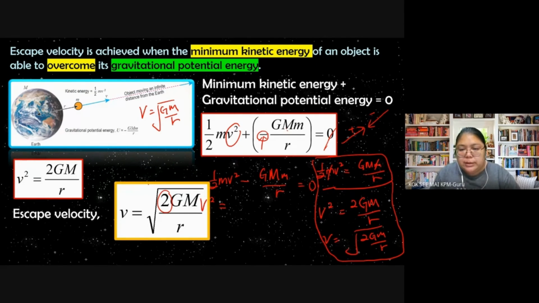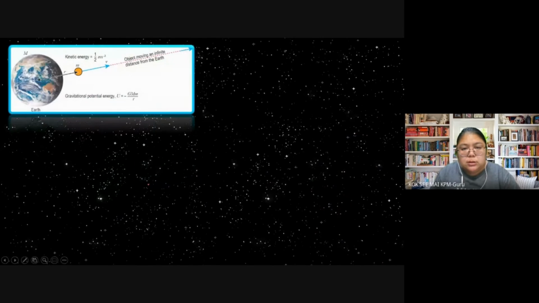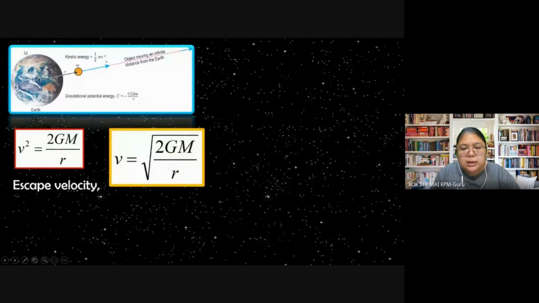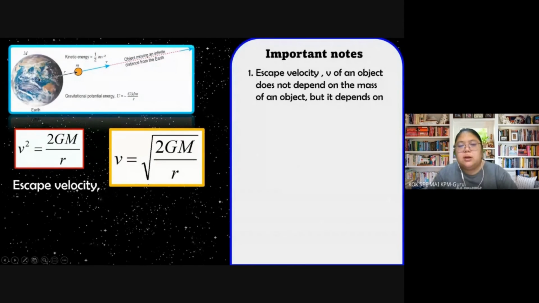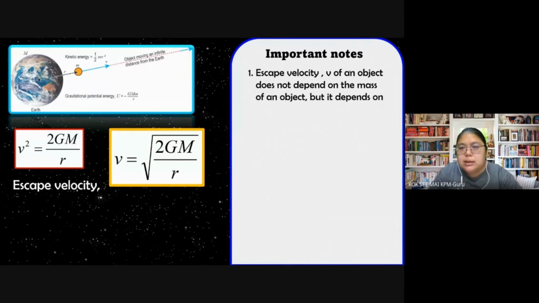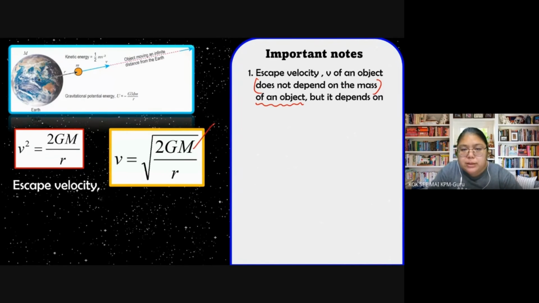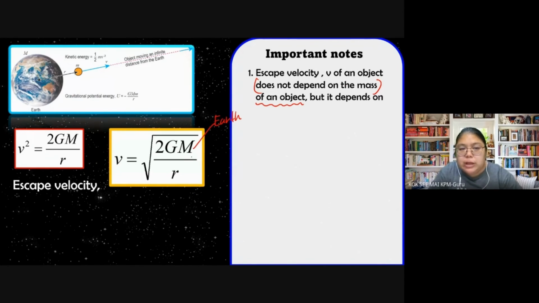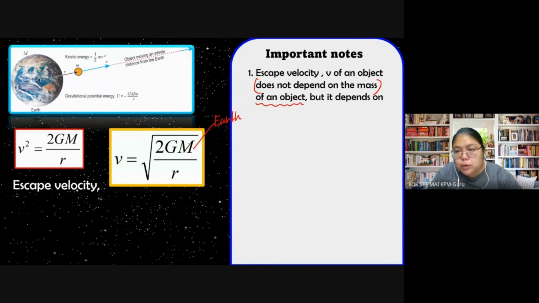So from here, again, the same thing, escape velocity. Let's see the important notes. Escape velocity of an object does not depend on the mass of the object. This one is the Earth; there is no small m. No small m means it is not related to the object you want to send to outer space. There is only the capital M, the mass of the Earth.